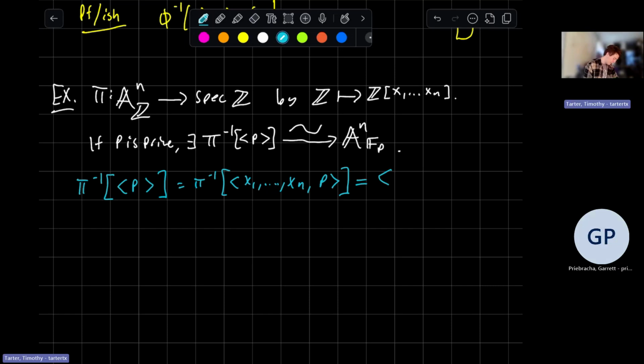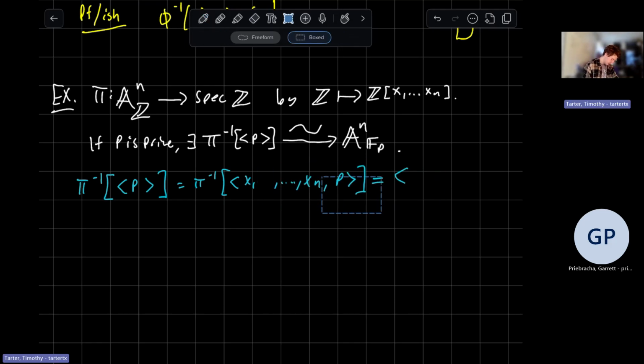Okay. I think I figured out a bijection. Good.